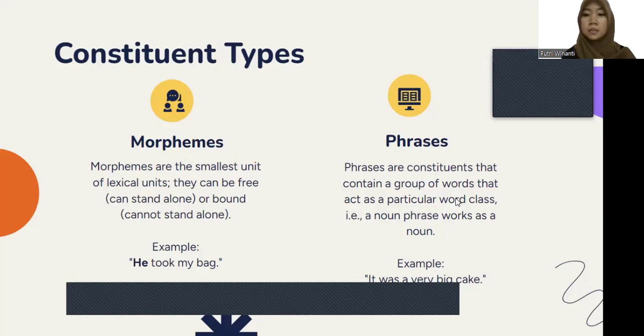An example of a phrase is, it was a very big cat. A very big cat is the noun phrase. The phrase contains the main noun plus all the words that modify it. Very big is an adjective phrase within the noun phrase. They are both constituents within the sentence.